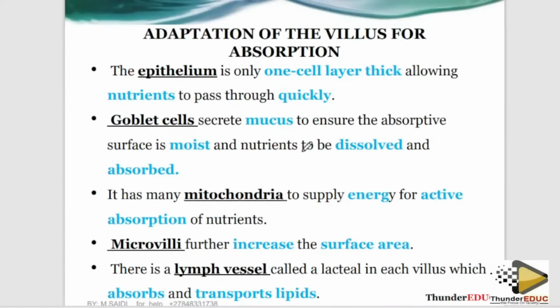When it asks you for adaptation, you give, for example, epithelium is only 1 cell thick. For what? Allowing nutrients to pass through quickly. Goblet cells: mucus to moisten the surface and also help dissolve the substances.